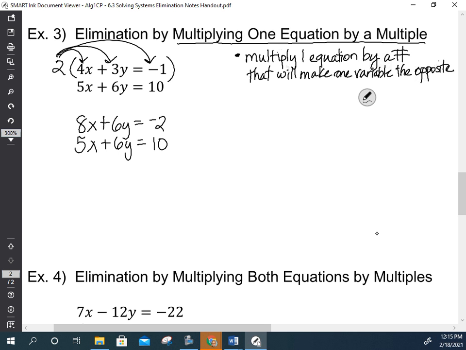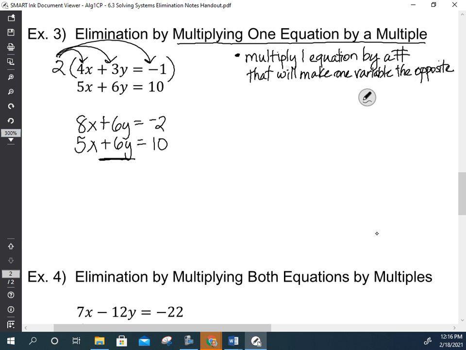So I've got the same number now. Do I have opposites? Are those y's opposites of each other?